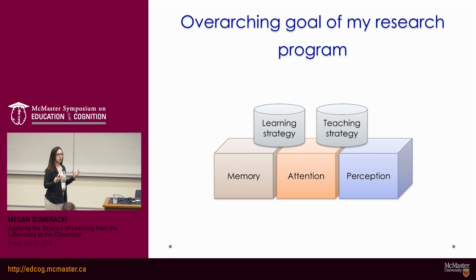I just want to start by reminding you what we're doing, right? We're cognitive psychologists who are applying our work to education. And there are a lot of different types of researchers that do work in education. There are people in education departments, people in psychology departments.